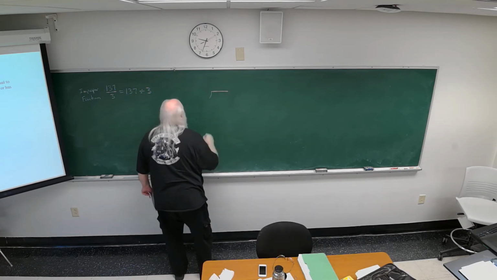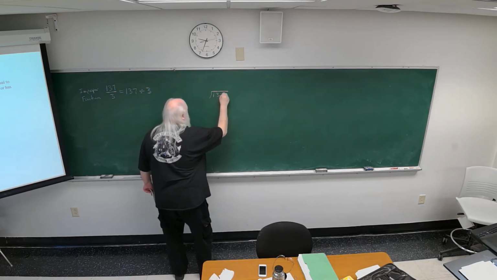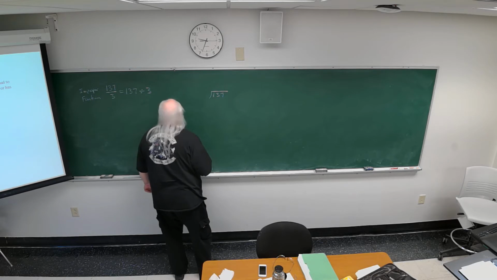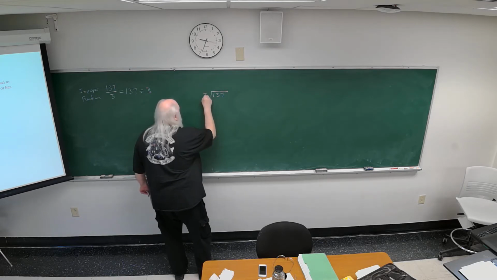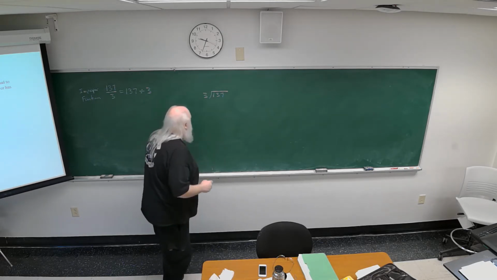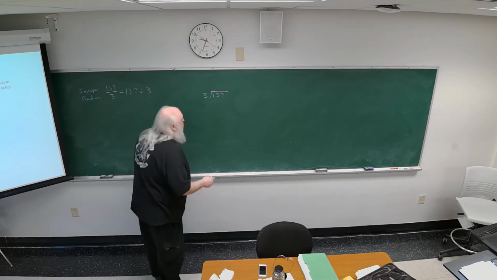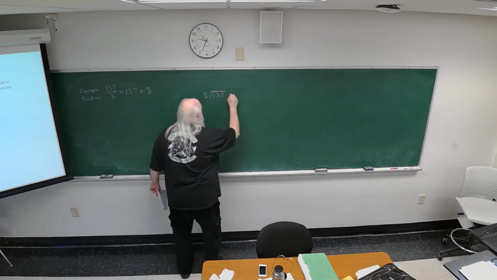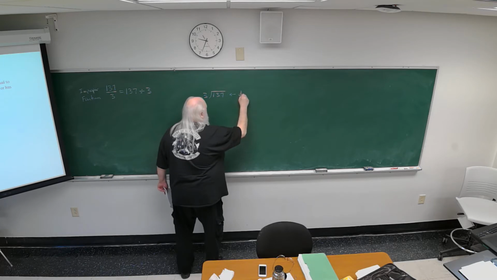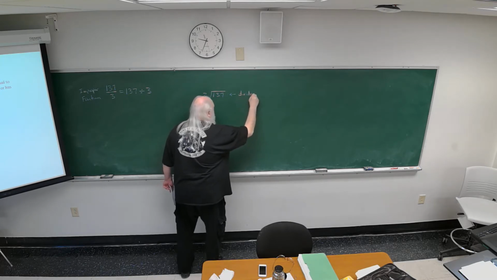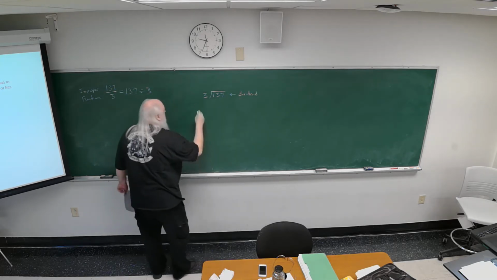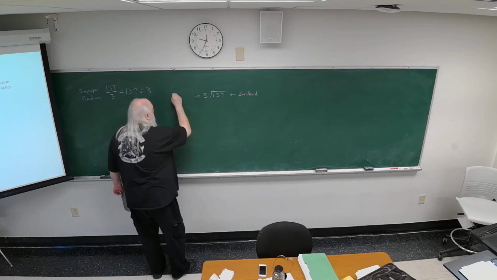What goes under the division symbol, right, is the numerator, and what goes to the left of the division symbol, right, is the denominator. We call this under the division symbol the dividend, and the 3 is the divisor.